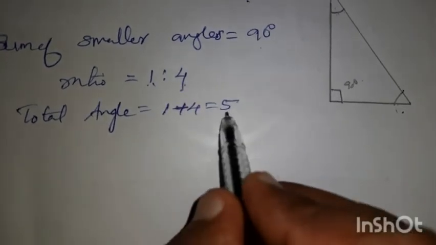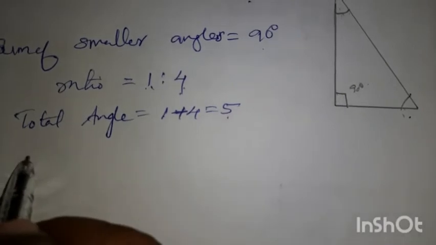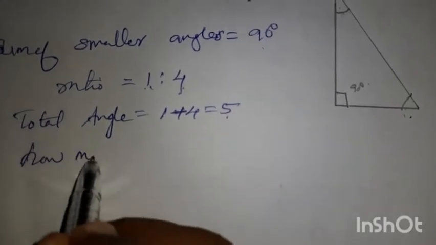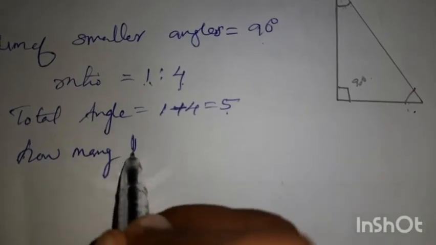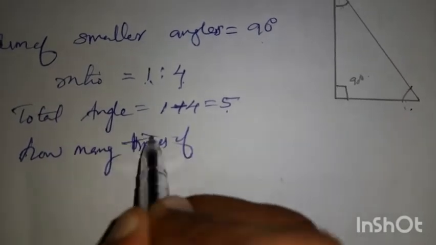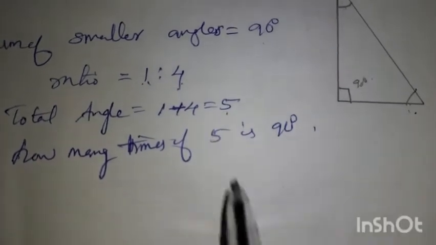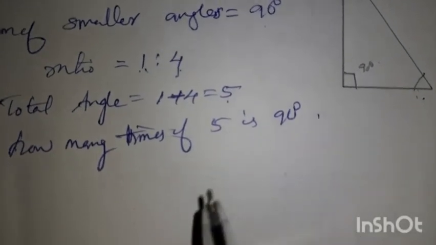First of all, you have to find out how many times 5 is 90 degrees. That is the total angle, 90.